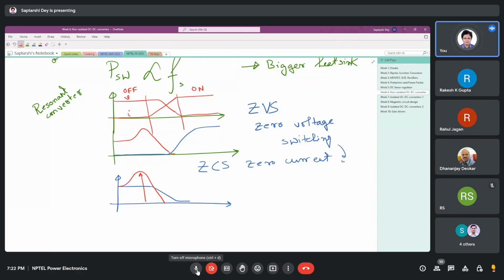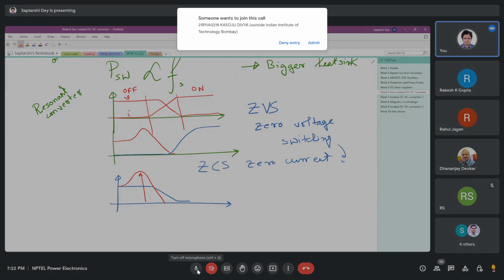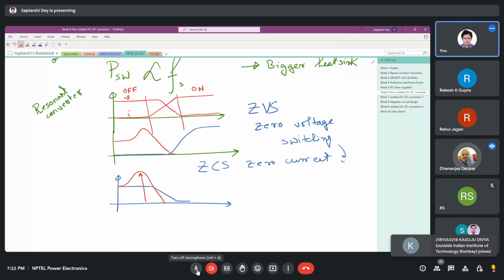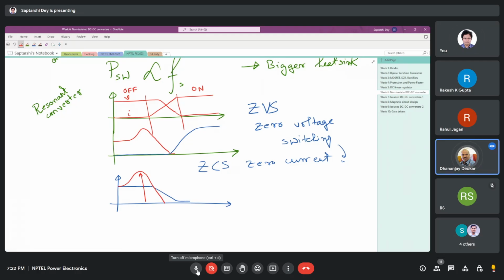You cannot ensure ZCS or ZVS for any value of load. That is ensured only for a given range of load. We cannot have PWM type of control, like D control. Here we have to control the frequency.